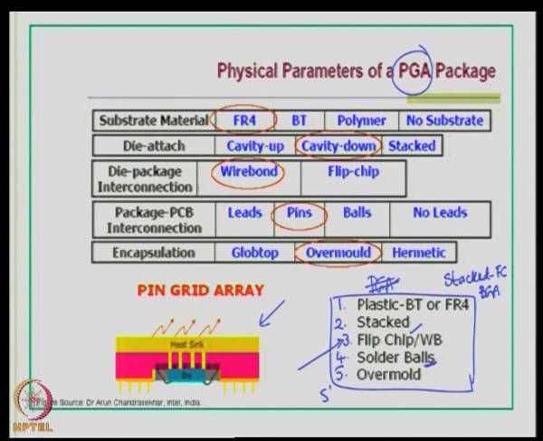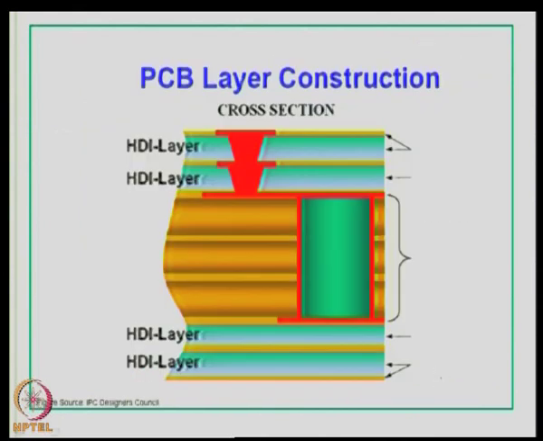So, it could be a stacked flip chip ball grid array. If you actually know the dimensions, it could be a stacked chip size package also. Okay. So, you must now be able to identify packages from such information given.